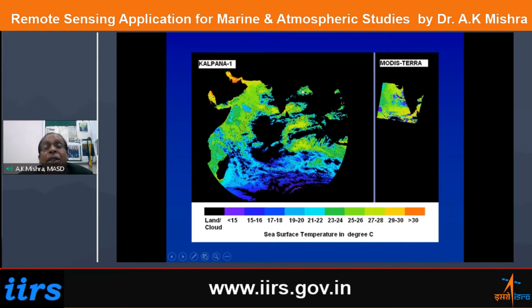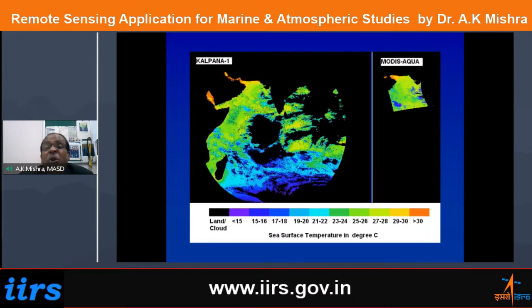So the temperatures are quite matching with each other. And MODIS Aqua also gives you the same impression. So the resolution is high here, it is low here, but the advantage is every half an hour you will get how the temperature is varying over the locality.